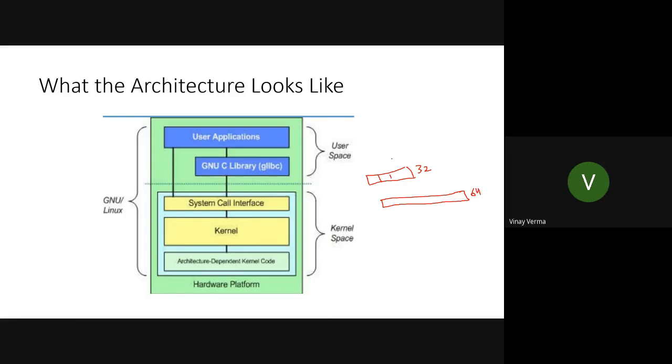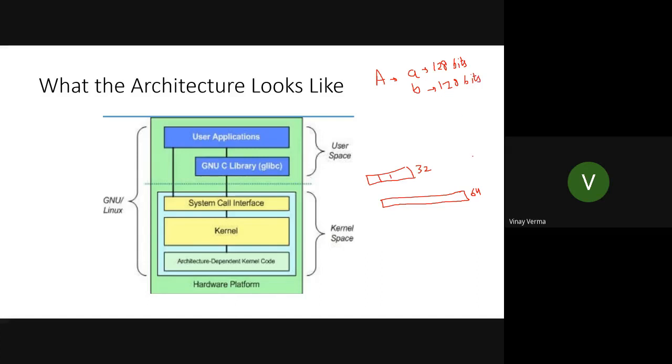And let's suppose there is a user A, he wants to add number A and B. This user is having a 128-bit number, and he wants to add it with another number that is again 128 bits.